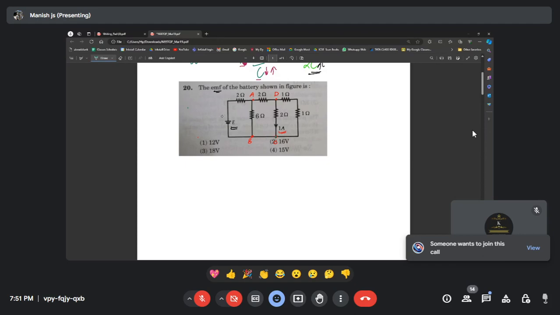For that, you mark the terminals of the cell or the battery shown here. The terminals of the cell are plus and minus. Current will start flowing from here. Let me say current I is flowing. Current I encounters node A, and at node A it gets split. Say I1 current flows through 6 ohms. What is the remaining current that flows through 2 ohms?